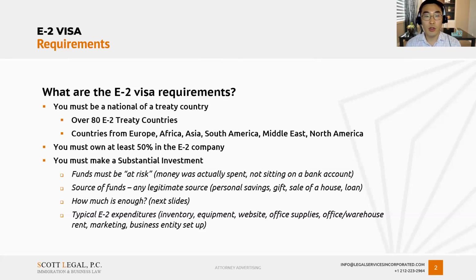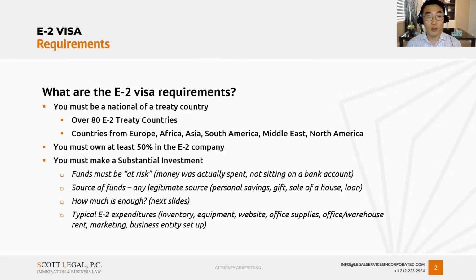Typical E2 expenditures. This bullet point is to show you how you should spend your investment fund for the E2 visa application. You do not want to spend several hundred dollars for a beautiful dinner with your potential business partner and claim it as a business expense.